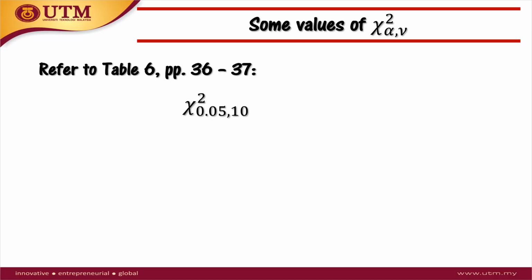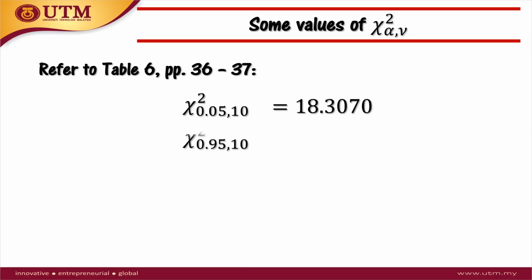Here, what you need to do first is to look at the chosen alpha equals 0.05, listed in page 36. Once you get to the column of alpha equals 0.05, go down until you get to nu equals 10. Do you notice that the value of chi squared 0.05, 10 is 18.3070?